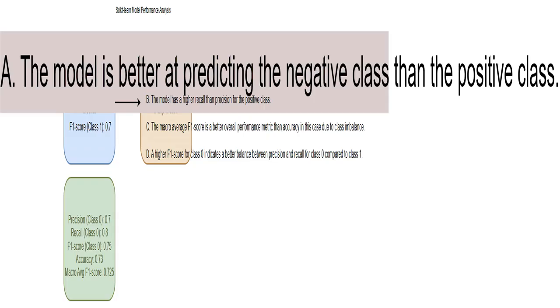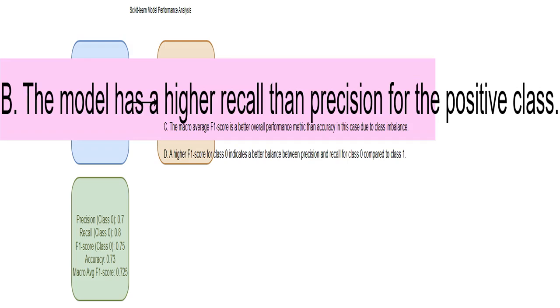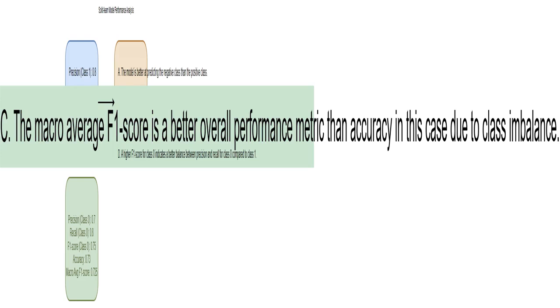This statement is plausible given the higher F1 score for Class 0, 0.75 vs 0.7 for Class 1, but not definitive without knowing the class distribution. I need more information. This is false. Recall for Class 1 is 0.6, and precision is 0.8. Precision is higher. Possibly true, but I cannot say for certain without knowing the class distribution. Macro average F1 score handles potential class imbalances better than accuracy, but we don't have that info here.